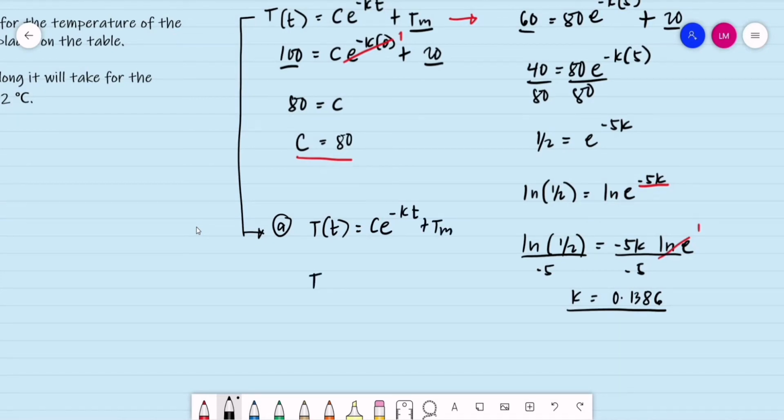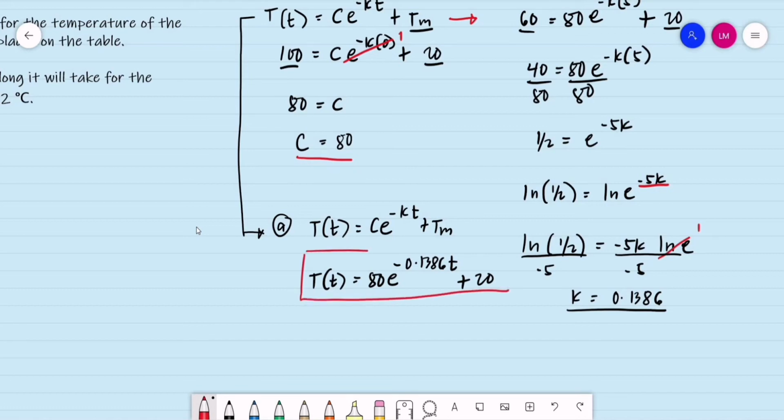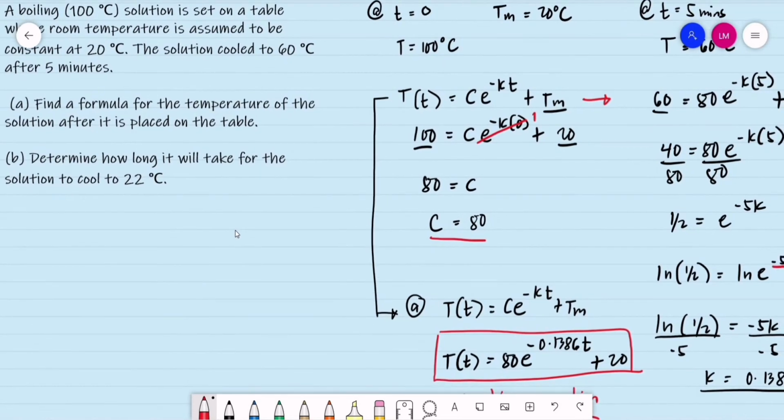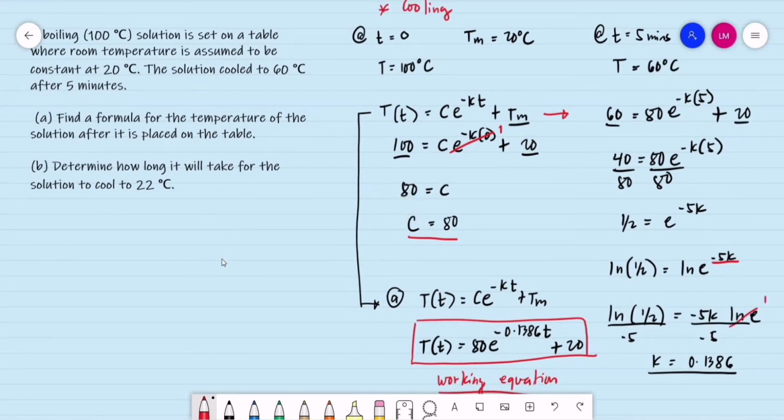So the temperature as a function of time is equal to 80 times e raised to negative 0.1386 times the time, plus our room temperature, which is constant, 20 degrees Celsius. This will be our working equation for letter A, the formula for the temperature at any given time t.